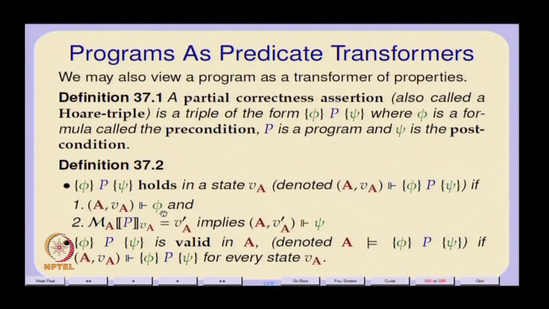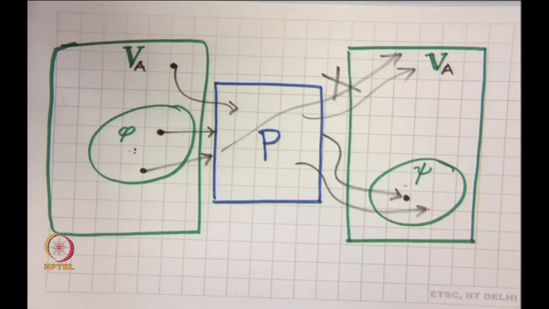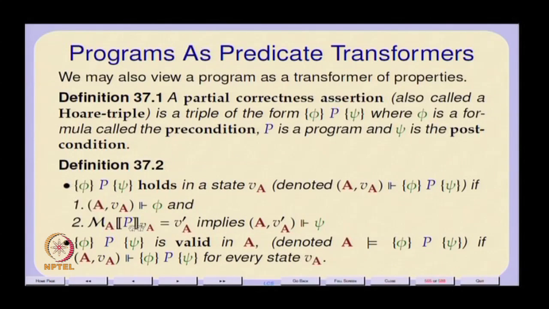So, you are starting with the assumption that I am restricting my attention to this blob phi. And now, the program of course has a semantics which transforms states into some new valuation V A prime, and what you are saying is that if it does give me a new valuation V A prime, then that V A prime should satisfy psi.